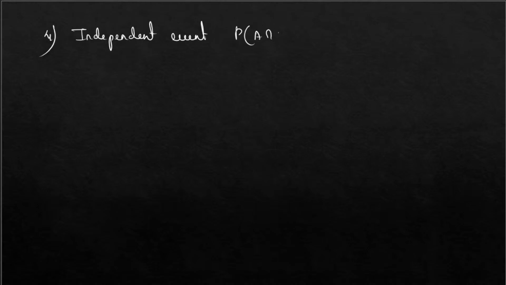Probability of A intersection B is probability of A times probability of B. Alright.